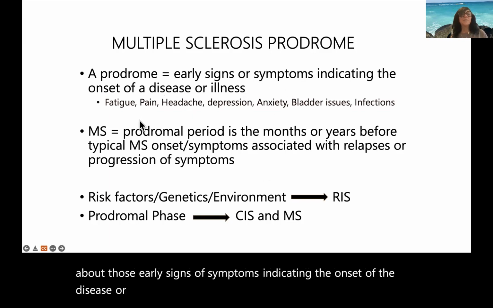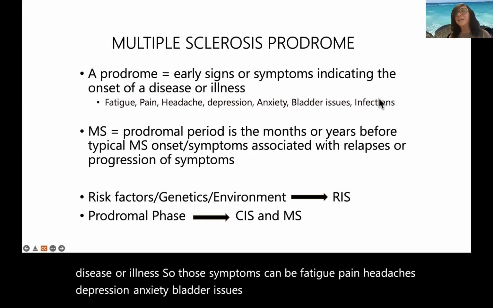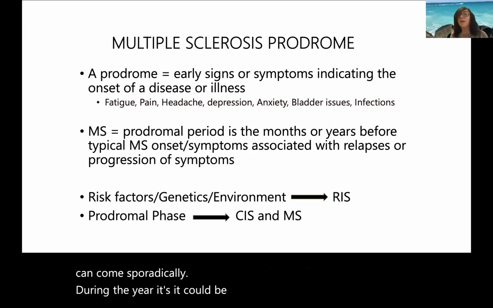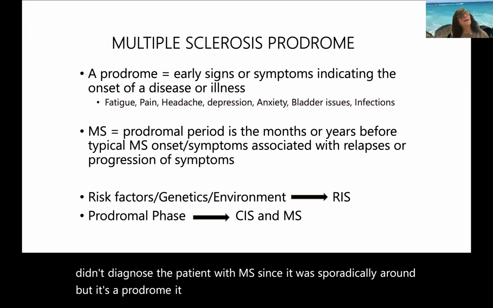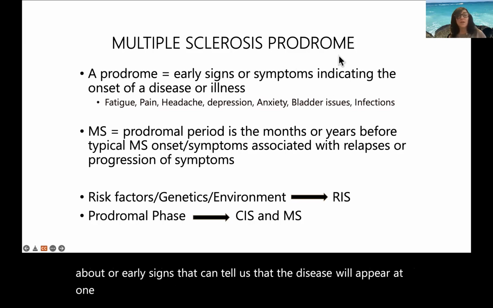Those symptoms can be fatigue, pain, headaches, depression, anxiety, bladder issues, infection. They can come sporadically during the year. It could be 5 years of symptoms where we didn't diagnose the patient with MS since they were sporadic, but it's a prodrome. It's just early warning signs, almost, that can tell us that the disease will appear at one point in the future.